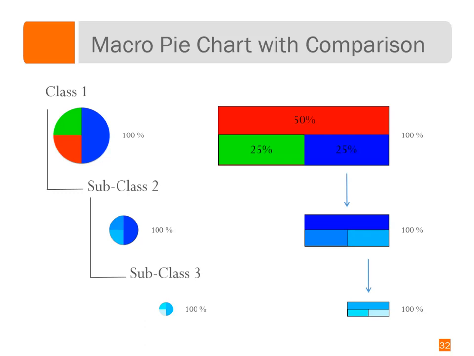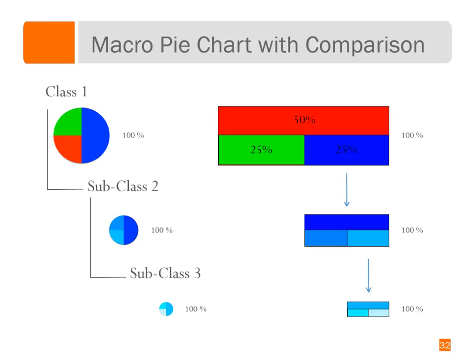We might take that section of 25%, drill down into it, and we have 3 components that make up that 25% that all add up to 100% of that area or that measurement. And then from there, we take one of the smaller categories of subclass 2 and turn that into subclass 3, which has a division of different percentage categories as well.